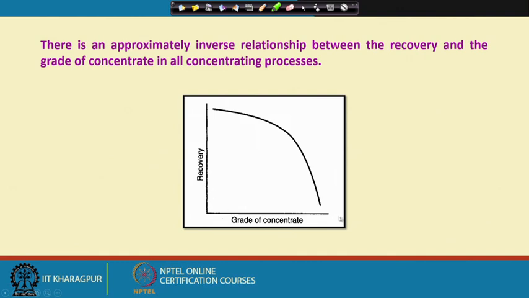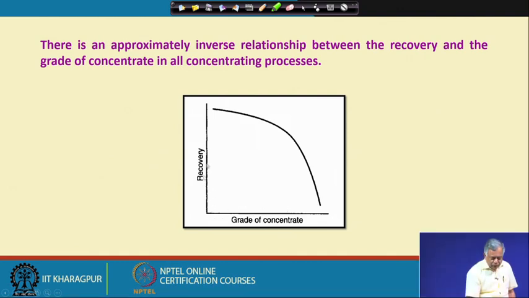So, what do we do? We plot this grade of concentrate and recovery to see what is the pattern of this curve. As a mineral processor, we always try to shift this curve towards this region, because at a particular grade if my recovery is more, that means my losses are less.